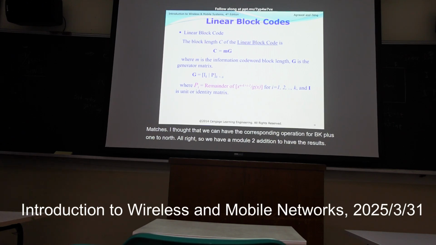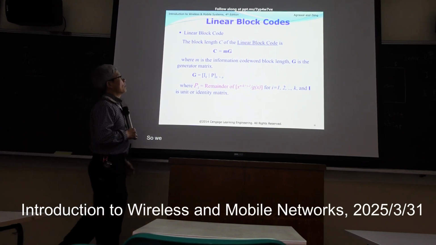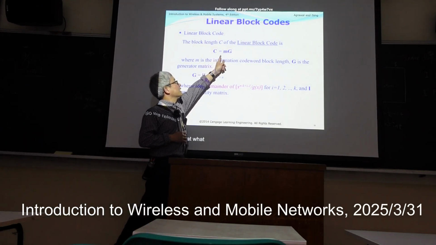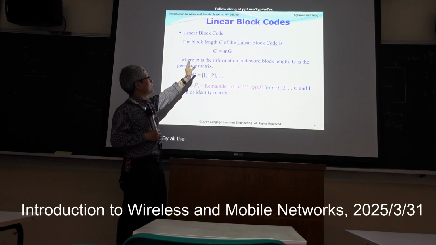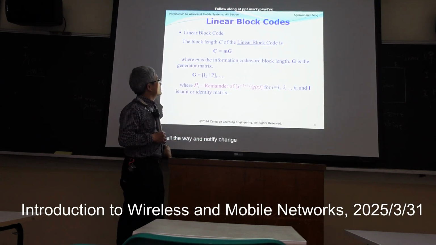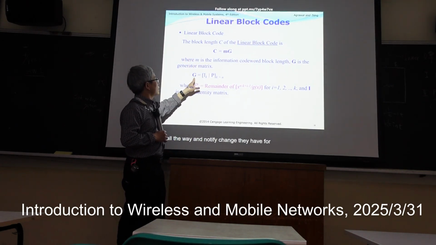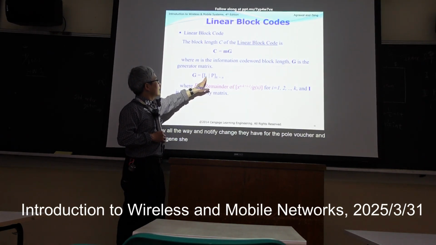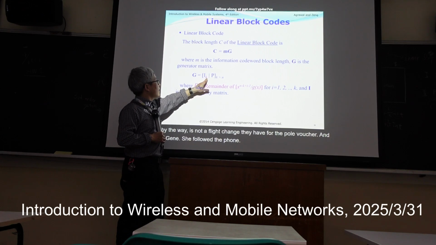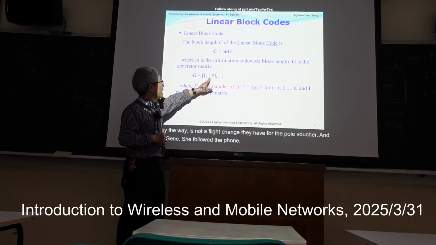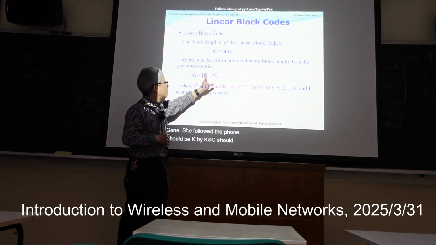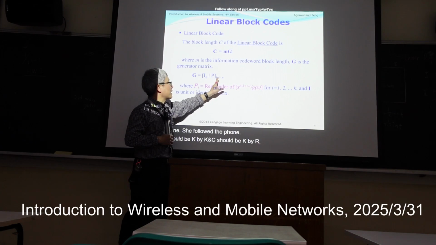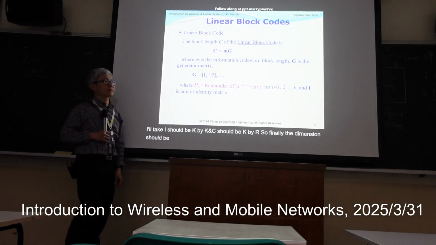So we recap what we want. C follows the way M multiplied by G gives the whole vector. And actually G follows the form: I should be K by K and P should be K by R. So finally the dimension should be K by N. That's it.